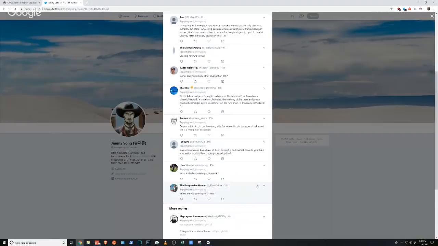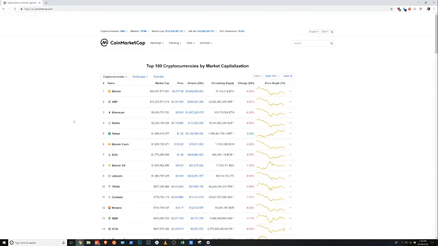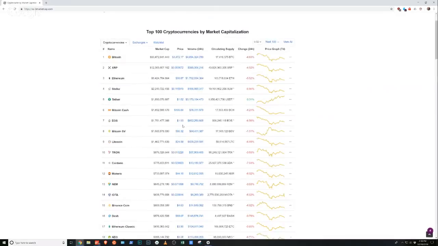So looks like that's about it for questions here. Let's just take a look at some of the prices and see what's going on. Ethereum has dropped quite a bit since its high. It was trading over $1,000 at one point, so it's gone down over 90% since its peak.